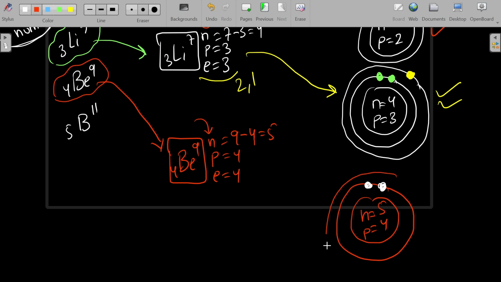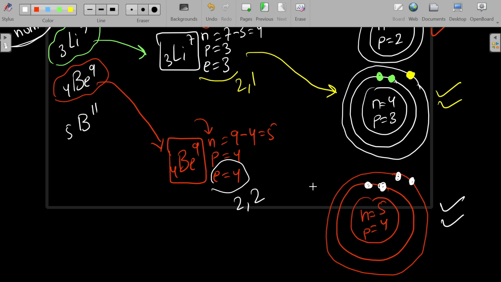And for the second shell, we can accommodate 8 electrons at maximum. But since we have got 4 electrons in total, 2 electrons got accommodated in the first orbit or shell, whereas the leftover 2 electrons got accommodated in the second orbit or shell, which is octet. And this is how this electronic configuration got completed, right?